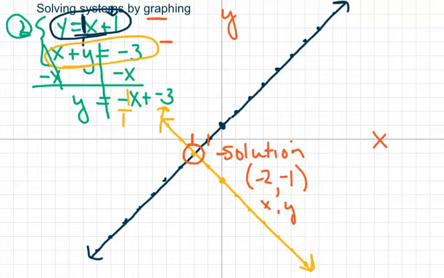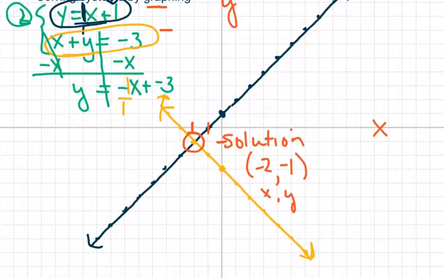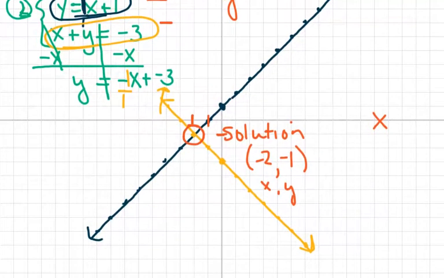Now let's quickly review how to check if the solution is right. So to check, I'm going to rewrite the system. So the system was y equals x plus 1, and x plus y equals negative 3.